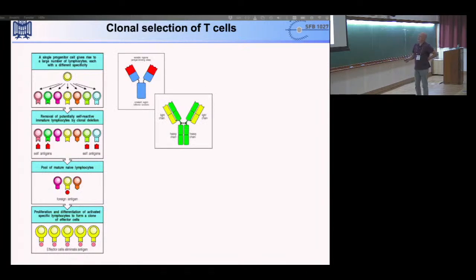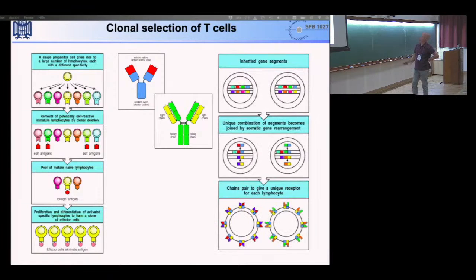Once these naive lymphocytes get activated, they proliferate. And what makes the specificity of the lymphocytes is its T cell receptor, which contains different parts and is produced in a way like this. There are the so-called inherited gene segments, and there is a unique combination of these segments. They become joined together by a somatic gene rearrangement.